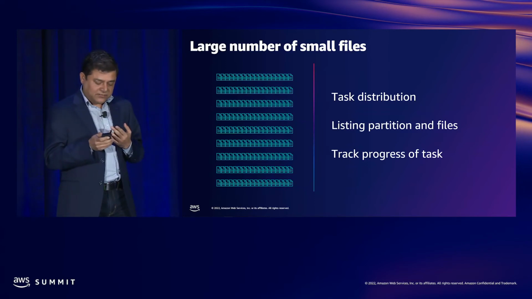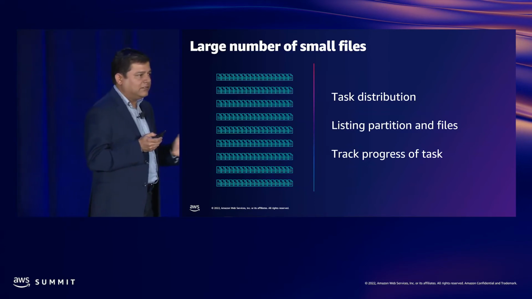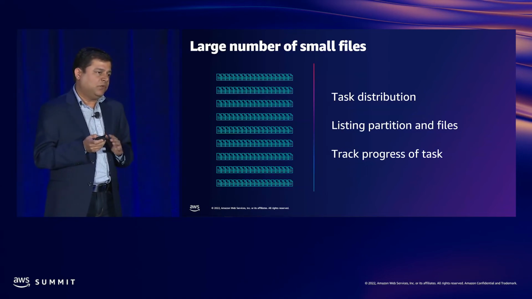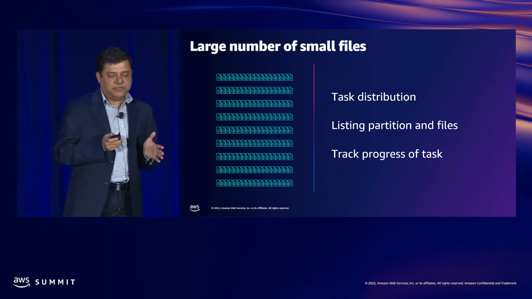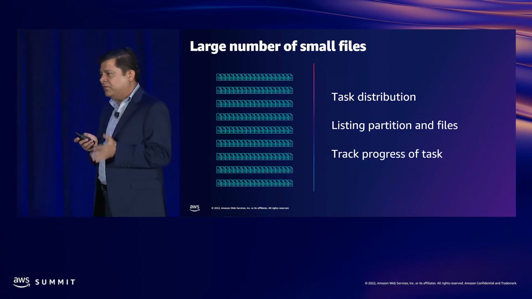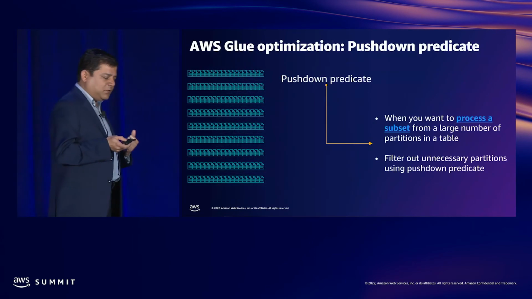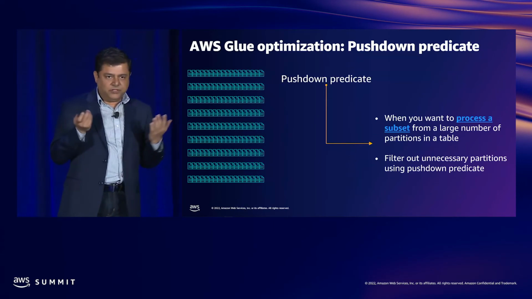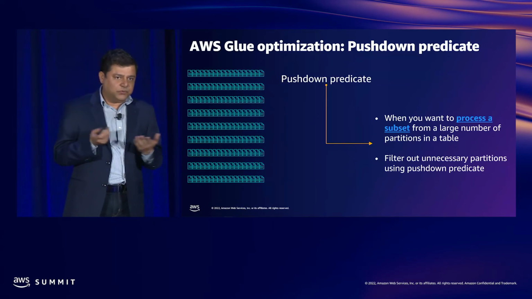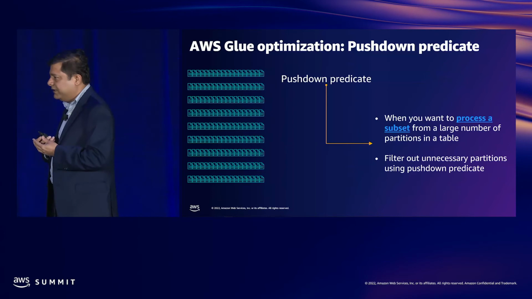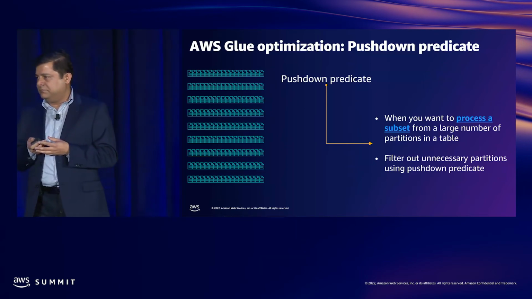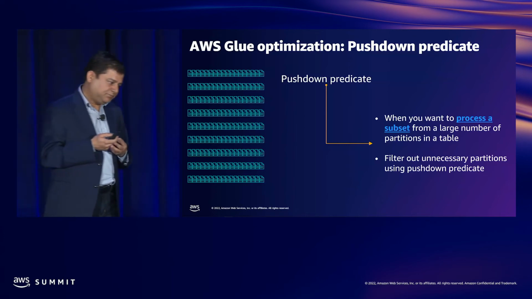In all these cases, Glue has innovated over the years. So we have added features which allow us to process a large number of small files more efficiently. One good example is Pushdown predicate. Suppose in your data lake, and this is again a common pattern, you have partitions based on years, months, days, hours.